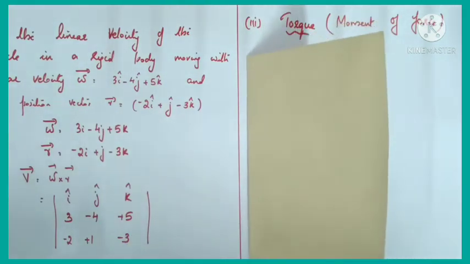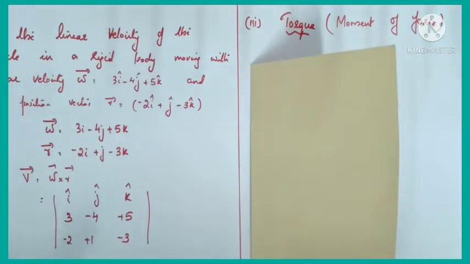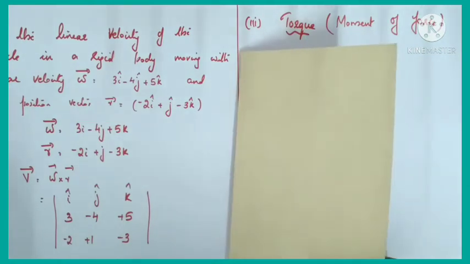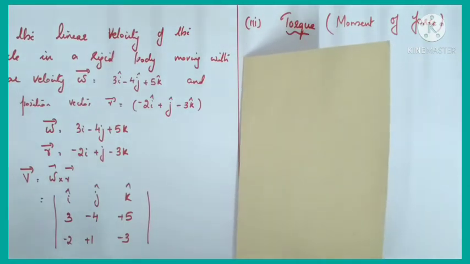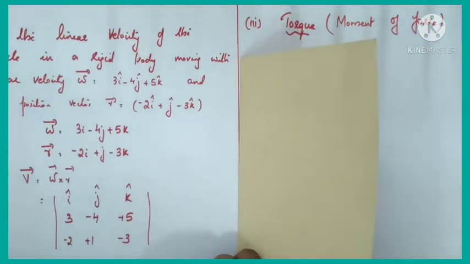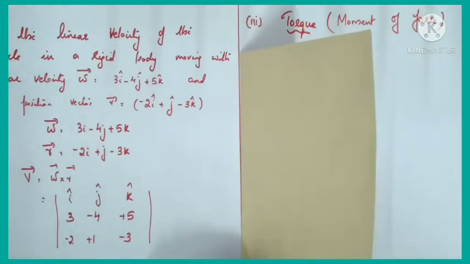So in order to open a door, force is needed, and the position of force is also very important. It is not the force alone, but how and where the force is applied that is important in rotational motion.